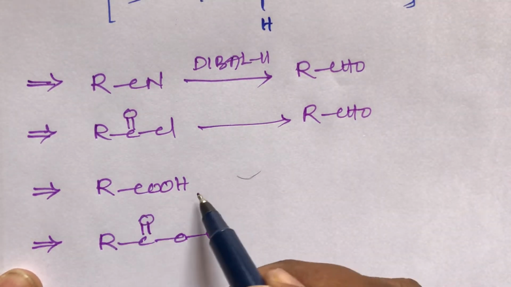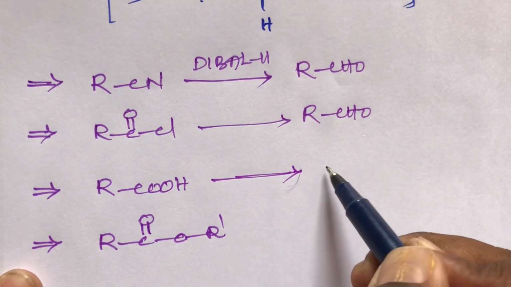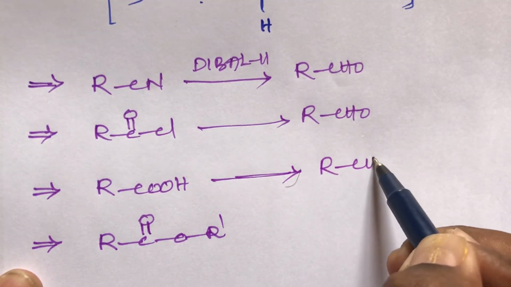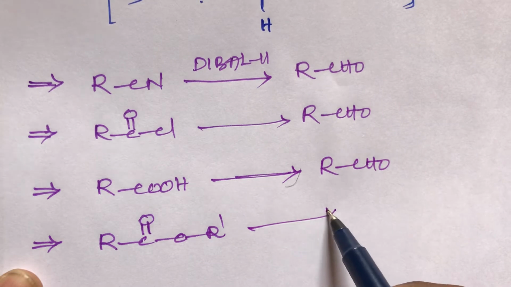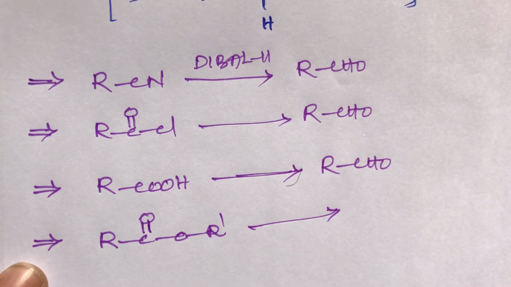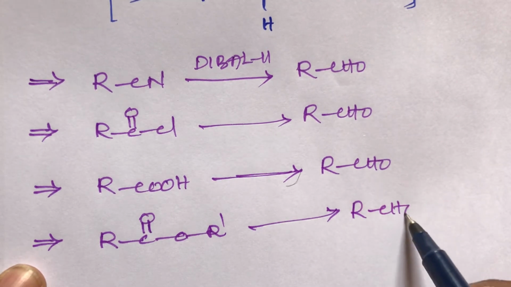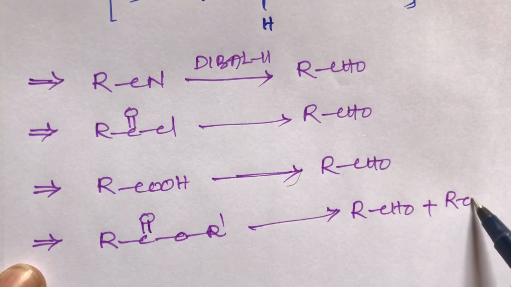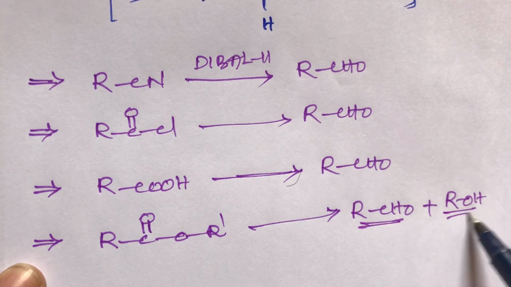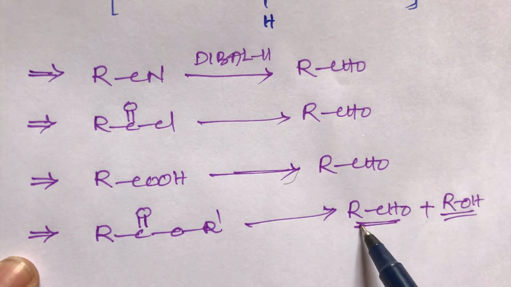Dibal can reduce acid group, and this acid group is converted into aldehyde, students. Dibal can also reduce ester group. This ester group is converted into two products: one product is aldehyde, another product is alcohol. We consider the major product only, that is aldehyde.